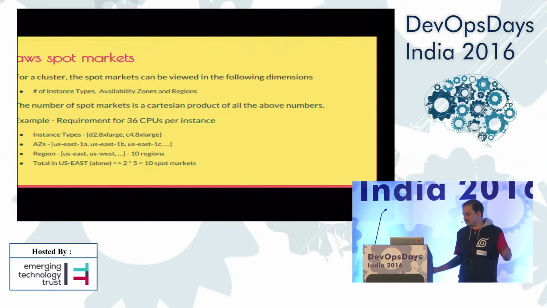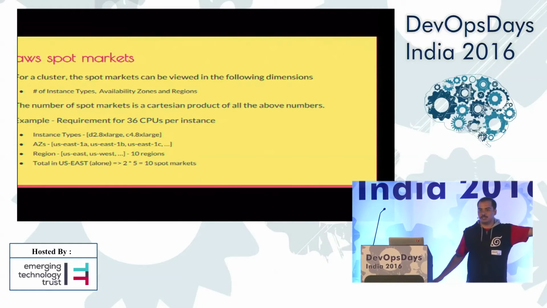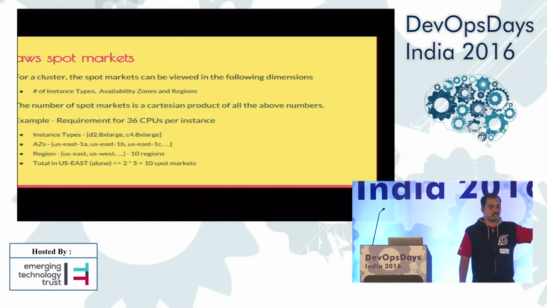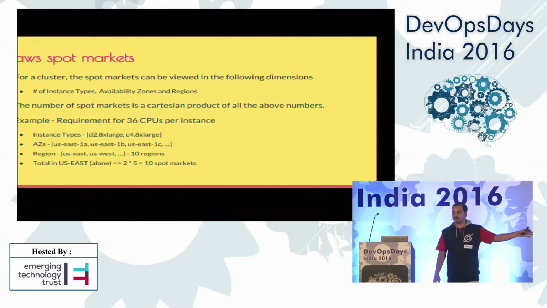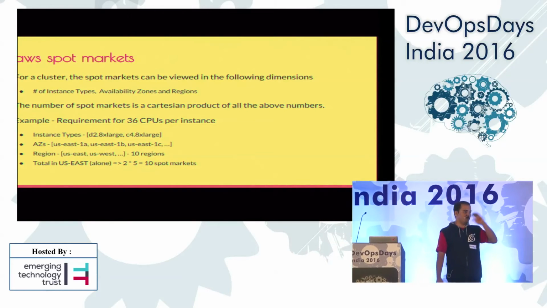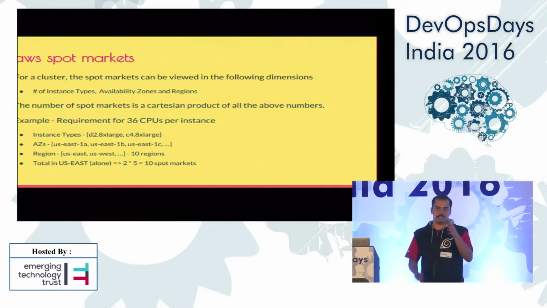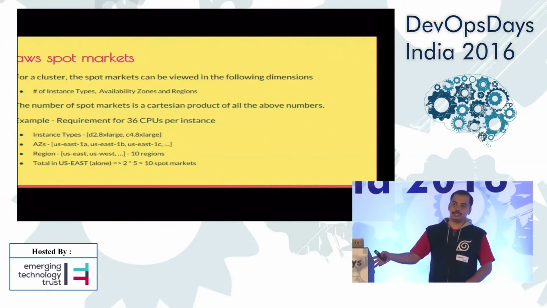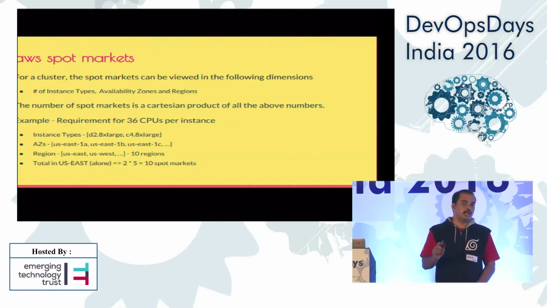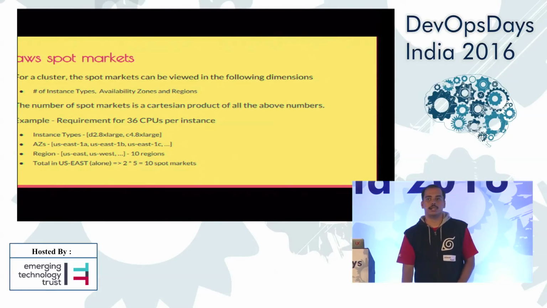Okay, thank you. You just multiply all those values, and that's the total number of spot markets you have. You can effectively move your instance or your cluster across any of these spot markets if you have enough automation. So that's the whole thing about spot markets and spot instances in general.